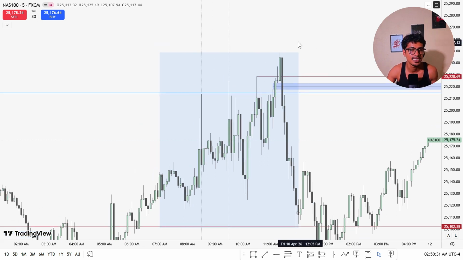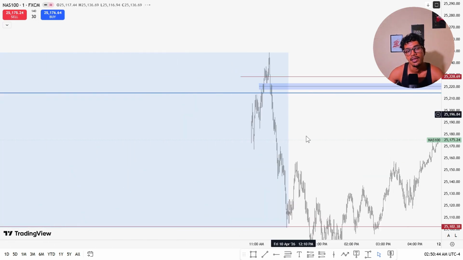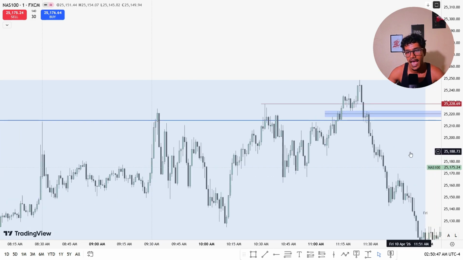So when I see that, one thing I want to mention, whenever you see me trading inverse fair value gap, I mostly use the 5-minute inverse gap. Then I drop down to a 1-minute time frame. So what happened?